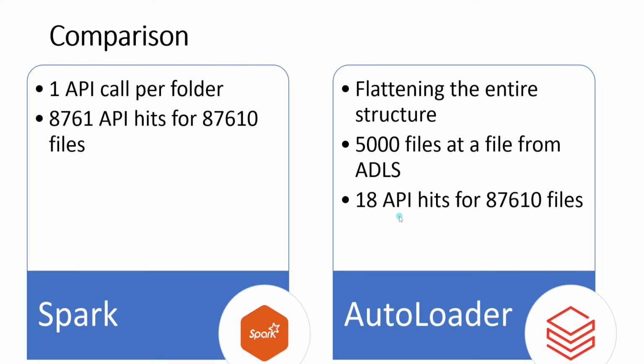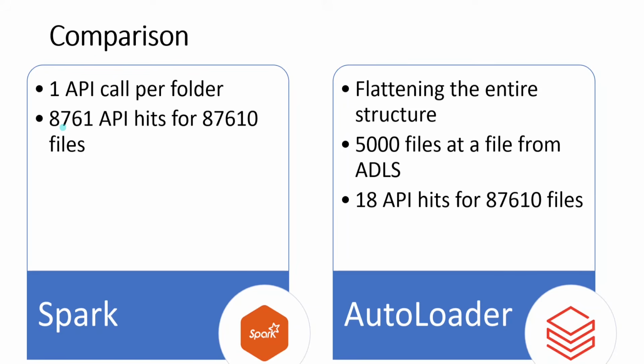And for each and every storage, the number of files will differ. For example, for an Amazon S3 bucket, the limit will be something different. Even GCS will be different. But coming to Azure Data Lake Storage, 5,000 is the limit. In order to process 87,610 files, it will take only 18 API hits. But the same process in Spark structured streaming is going to take 8,761 API hits.